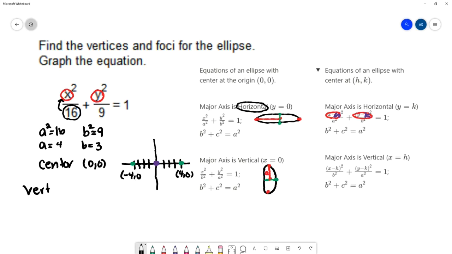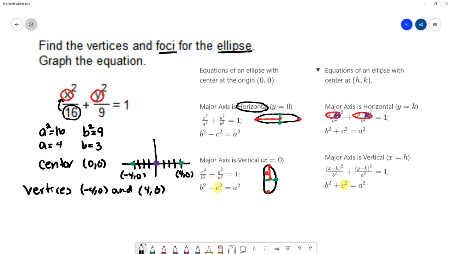We have vertices at negative 4, 0 and 4, 0. We also want to find the foci of the ellipse, and the foci are found using c.